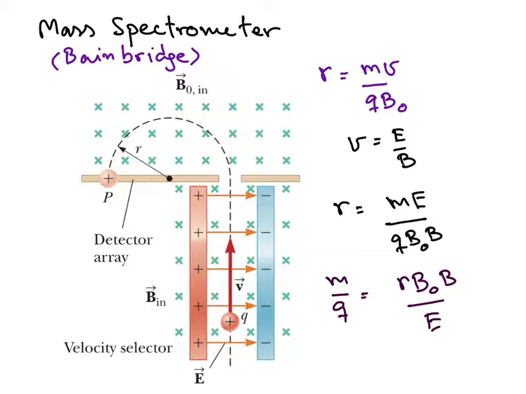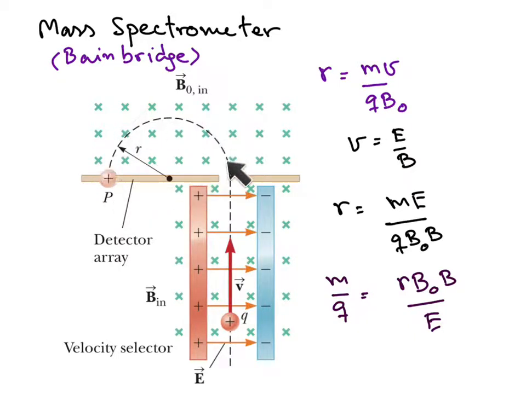Anyway, in general, we may not know the charge of the particle. So if we write the ratio of m over q, it will equal R times B0B over E. The values of E, B and B0 can be determined from the configuration of the system, and R is the value that we can measure from the trajectory, or by putting a detector here.